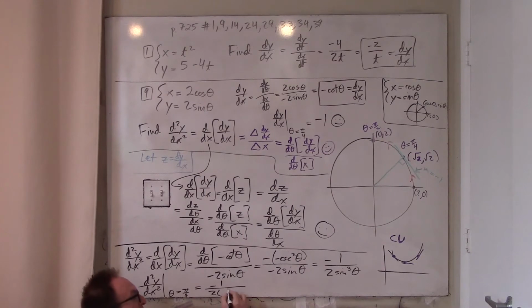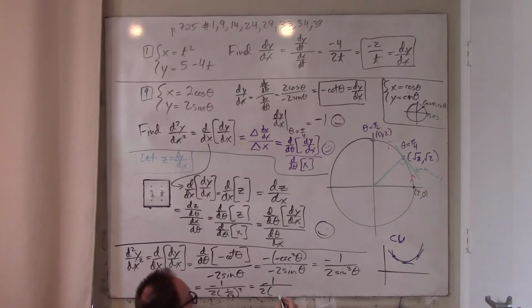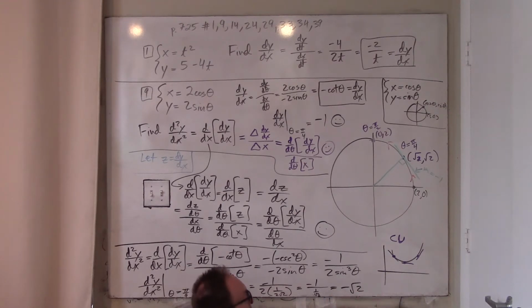Well, it's root 2 over 2, but maybe it's even easier to just think of it as 1 over root 2, cubed. And so that's negative 1 over 2 times, if you cube root 2, you get 2 root 2. So it's 1 over 2 root 2. So the 2's cancel, and that's negative 1 over root 2, which is just negative root 2.